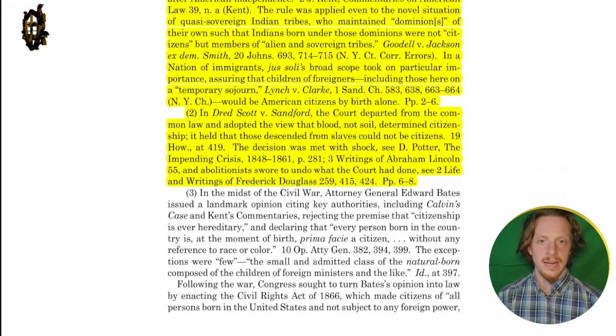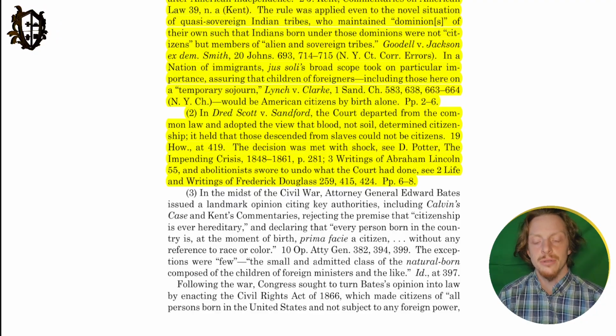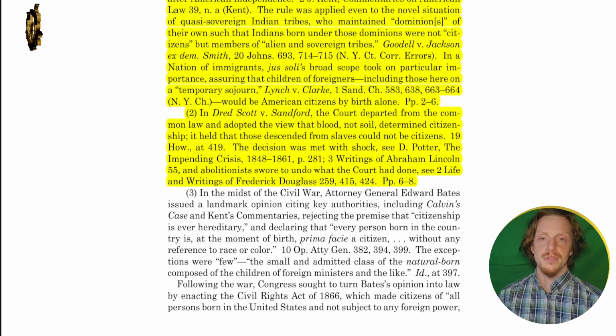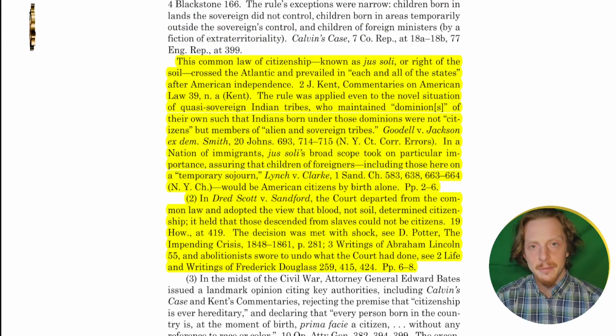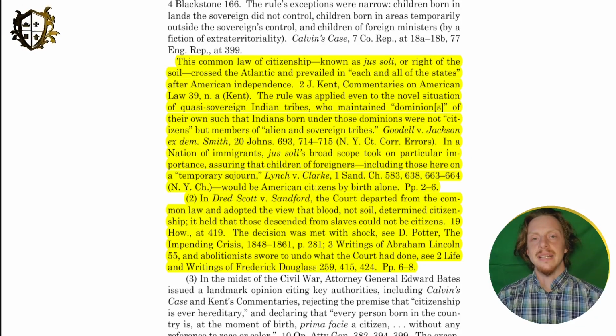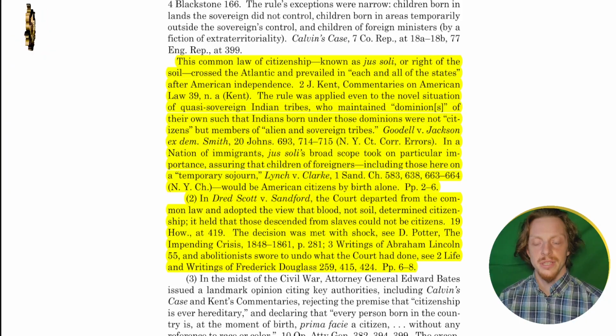And like with all lies, there's a tiny nugget of truth to make it convincingly true. You'll hear all of these people say, well, the founding generation, like what Roberts is saying here, the founding generation actually did bring over across the Atlantic this idea of jus soli, that they affirmed of birthright citizenship.